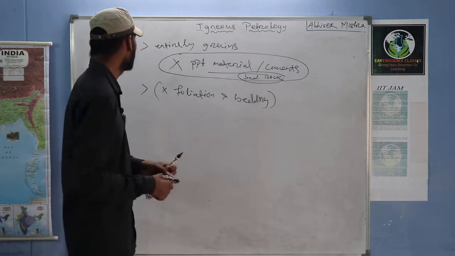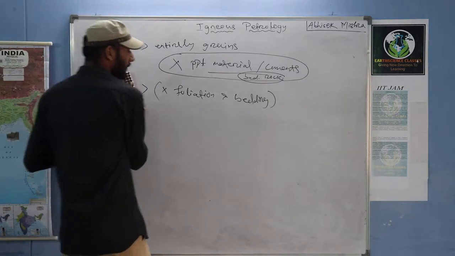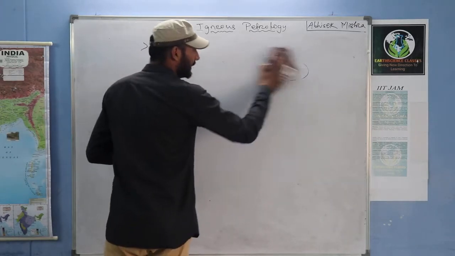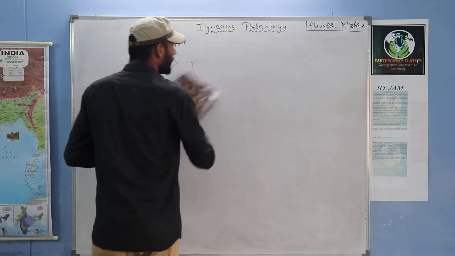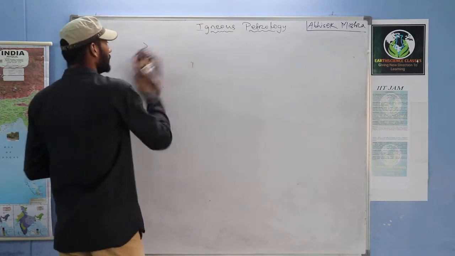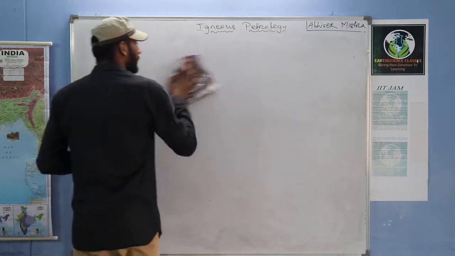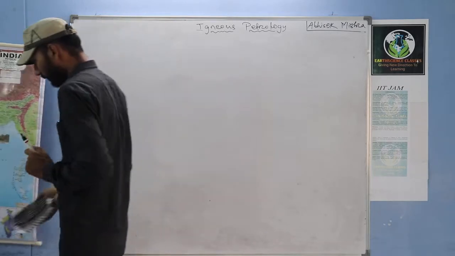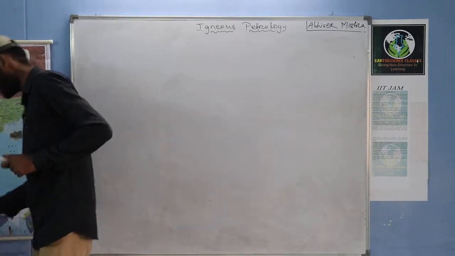Okay. So next we will go to forms of igneous rock. These are the criteria on the basis of which you can differentiate between igneous, sedimentary and metamorphic rocks. Next we will go to different forms of igneous rock.